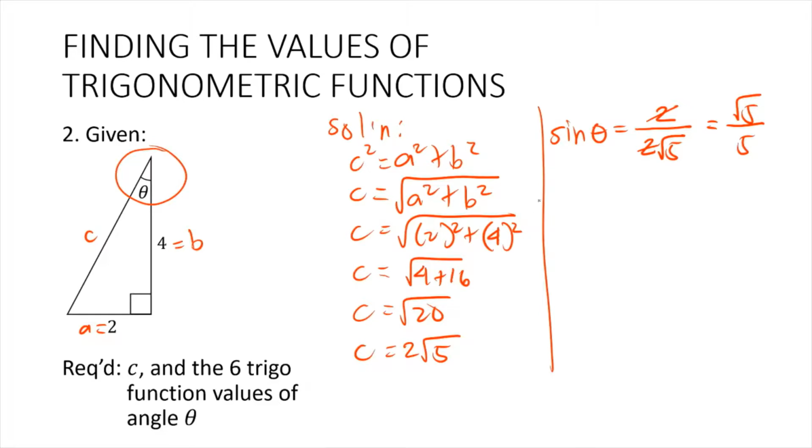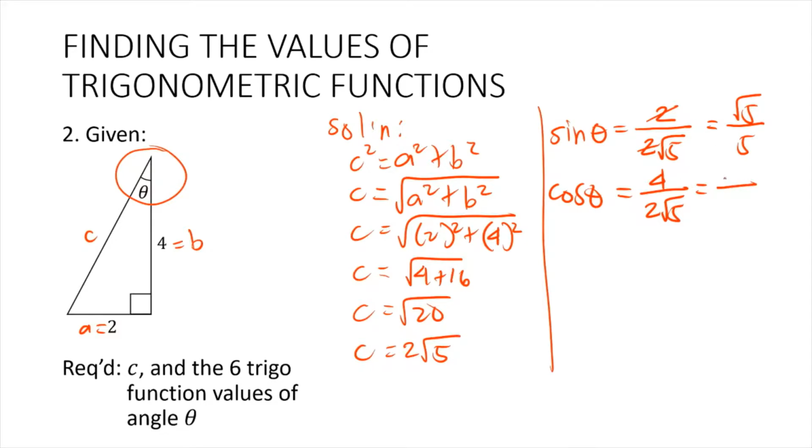Next, cosine of angle theta. Cosine is adjacent over hypotenuse. Adjacent to angle theta in this case is 4. So plug in 4 divided by the hypotenuse, 2 square root of 5. And then simplify, we have 4 divided by 2, that's 2. And then rationalize.